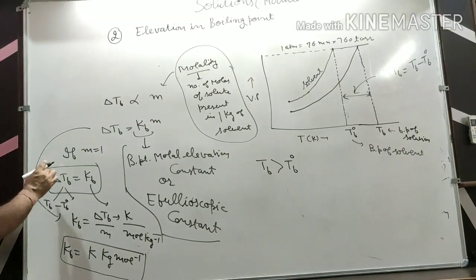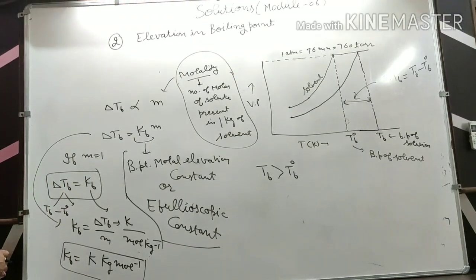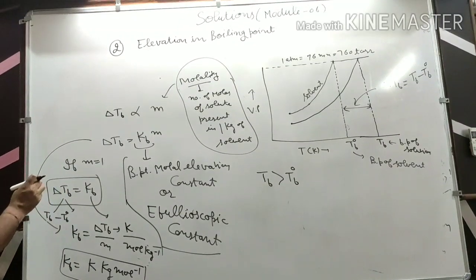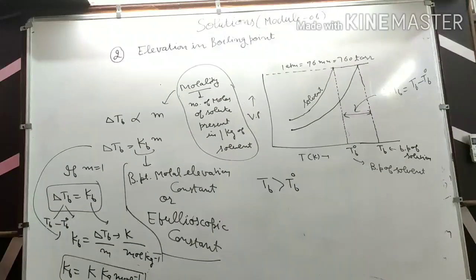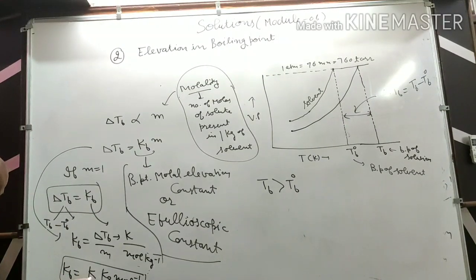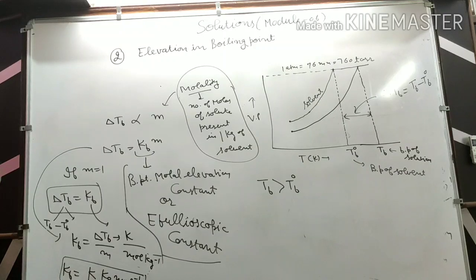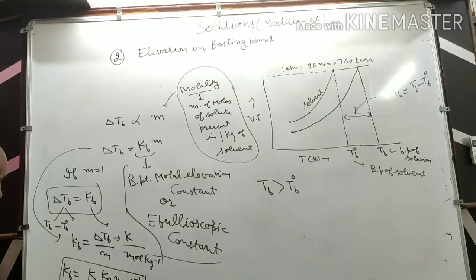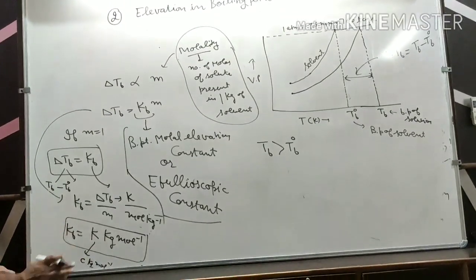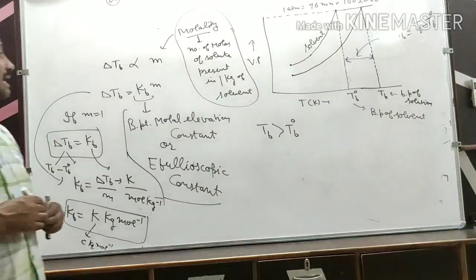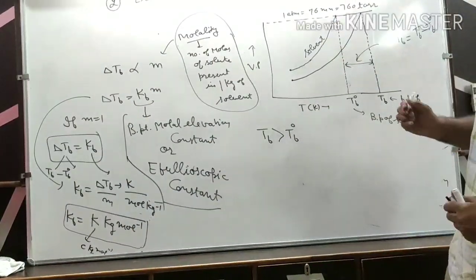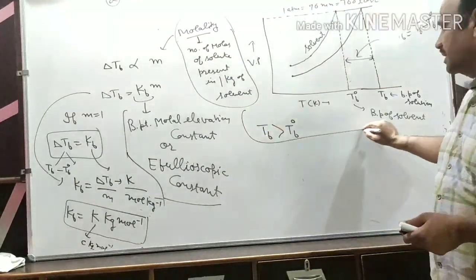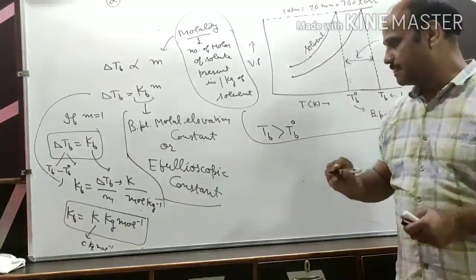So in case of change delta, you need not add 273 because the difference will be the same. Also we can write here in place of Kelvin, we can write centigrade also, centigrade kg per mole. No need to add 273 here in case of delta T. Keep in mind, that will be generally confusing in numericals. So keep in mind, delta T.